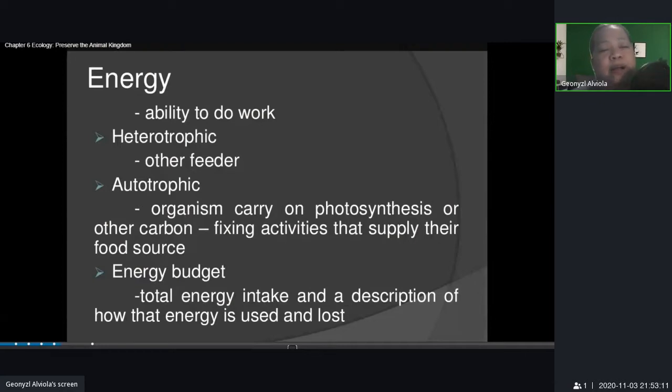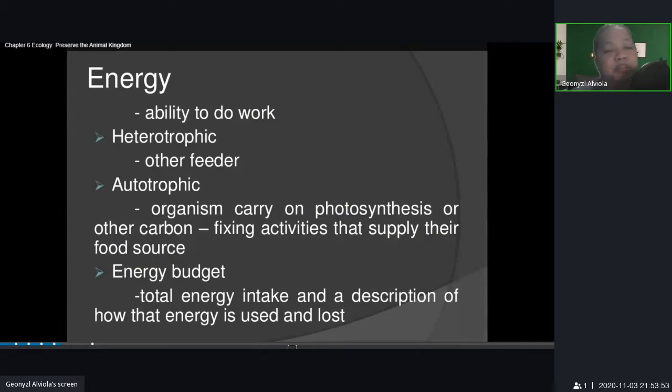Autotrophs are organisms that have the ability to manufacture their own food. Good examples are plants and algae. Some protozoans may also produce their own food because they have chlorophyll in their cell, and they are called autotrophic. Auto, automatic, they have the ability to produce their own food for energy.